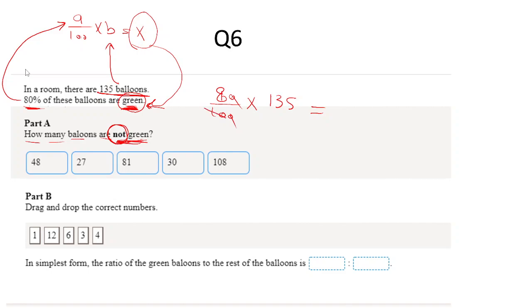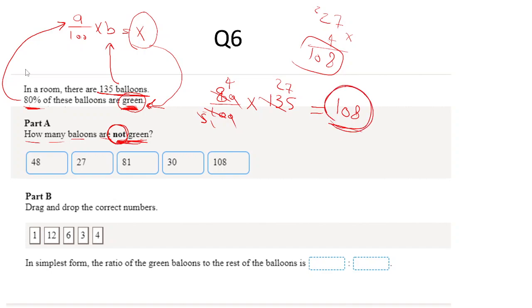By 5, 8 divided by 2 is 4, and now 135 divided by 5 will be 27. 27 multiplied by 4 equals 108. 7 multiplied by 4 is 28, 4 multiplied by 2 is 8 plus 2 equals 10.